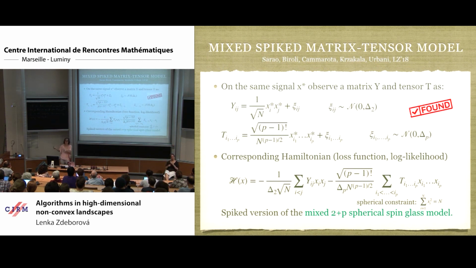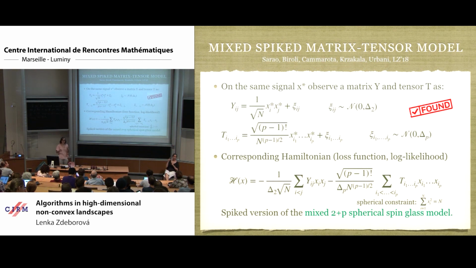My pictures later on will all be for pairs and triples, so p will be 3. Not much changed. If you understood the game, you understood this model. And the goal again is that I observe this matrix and the tensor, and I want to recover the ground truth value of the cards. Being close to the ground truth is the ultimate good.